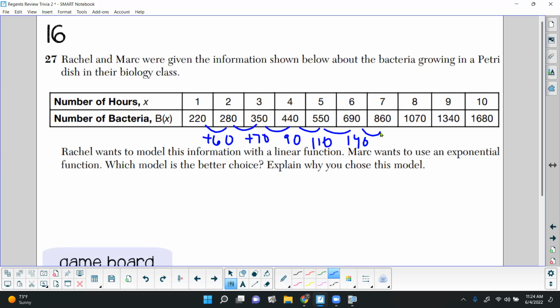So it's going up more every time. Not the same amount, but it is going up somewhat every time.